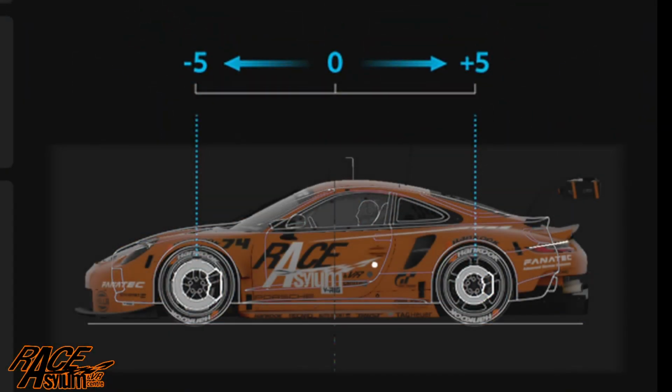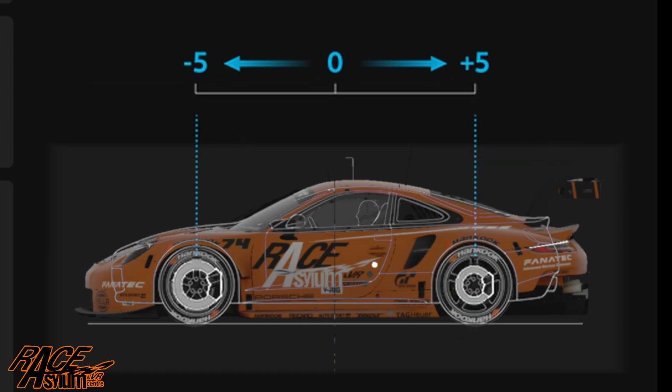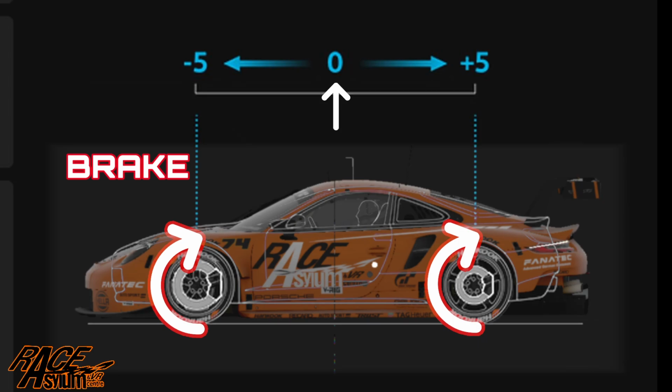Let's talk about this in some simplified principles. We've got the Race Asylum Porsche on screen right now. In a rear-wheel drive car, it has to be a rear-wheel drive car, you apply the throttle and that rotates the rear wheels. The braking force, if for example, let's call it set to 50-50, the brakes stop the rotation of the tyres. They provide a resistive force to stop the wheels rotating.